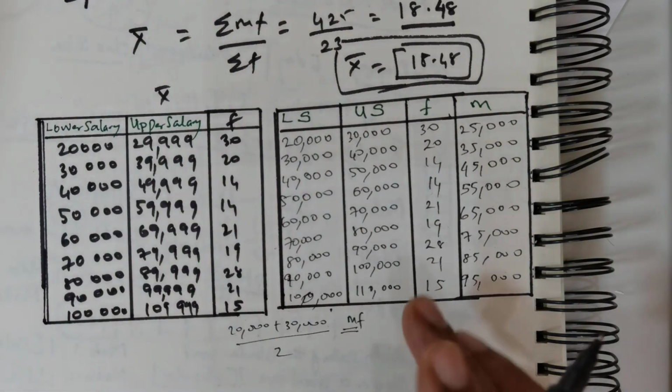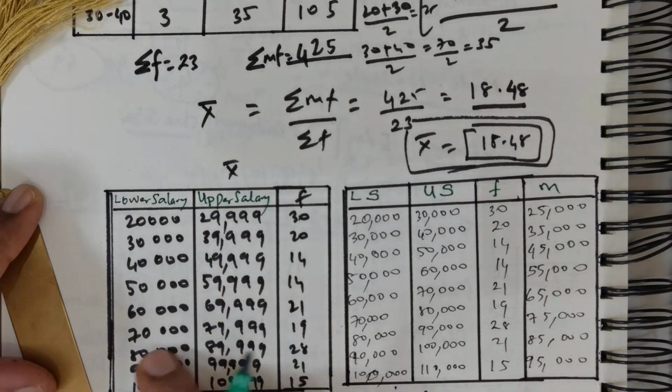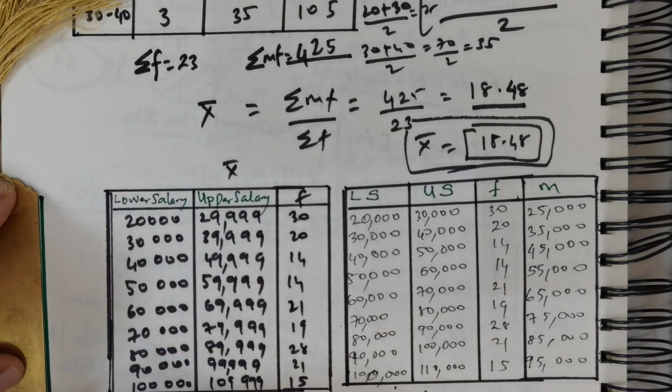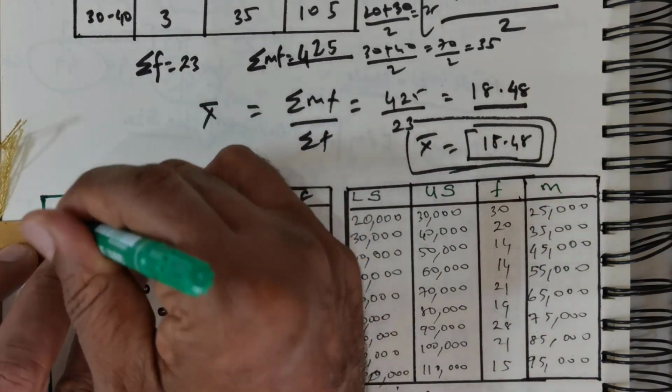Now what I will do is I will just perform MF over here. So this is going to be my MF, so that it will be in one table.